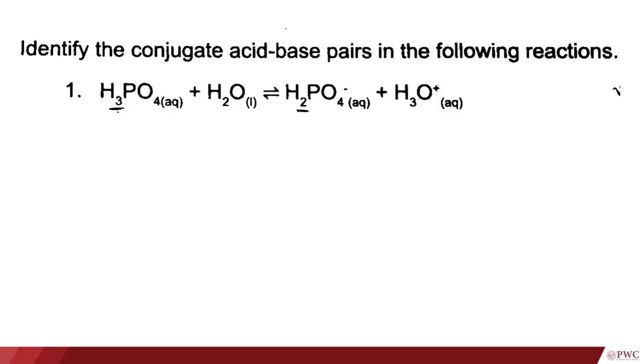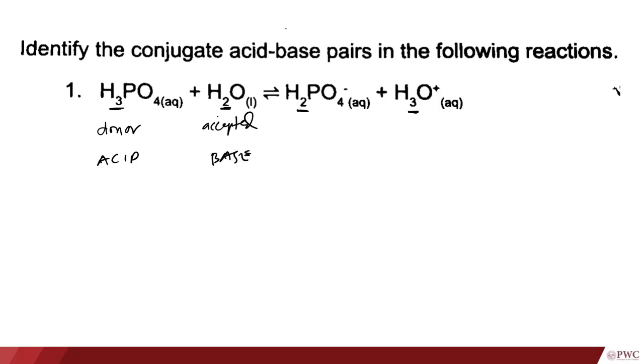Obviously it lost an H plus, so this must donate. This must have donated its hydrogen. H2O, from two hydrogens to three, meaning this accepted an H plus. So donor, this one is the acid; acceptor, this is the base here.